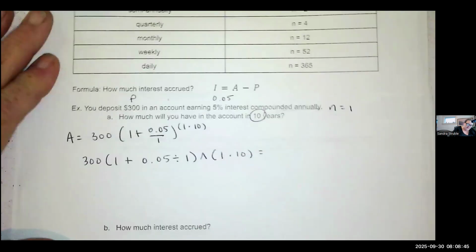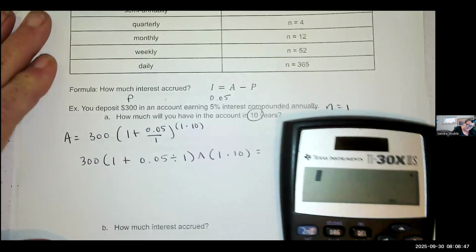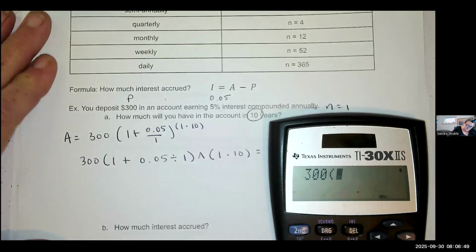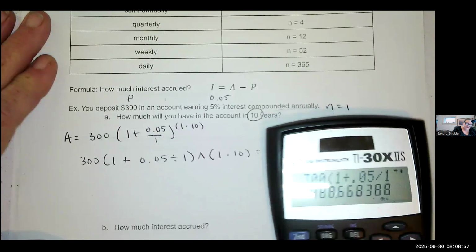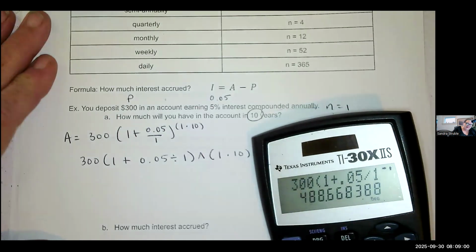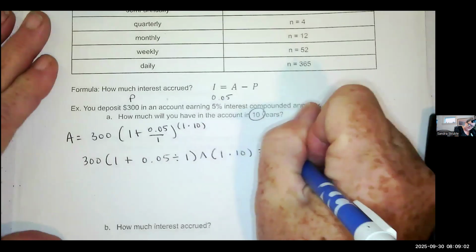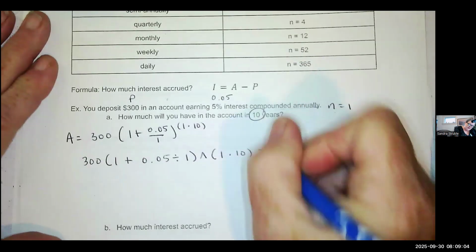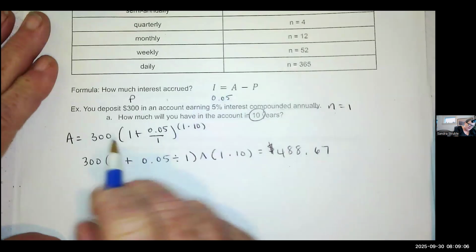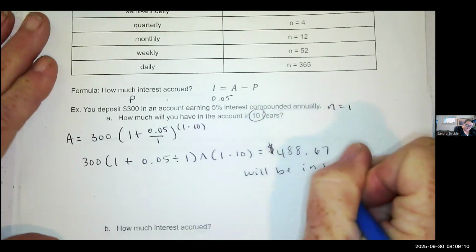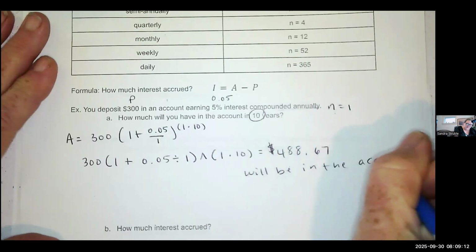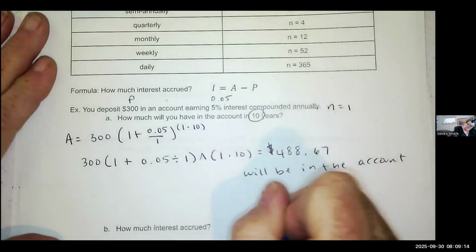All right. Give me a second. All right. So $488.67 will be in the account in 10 years.